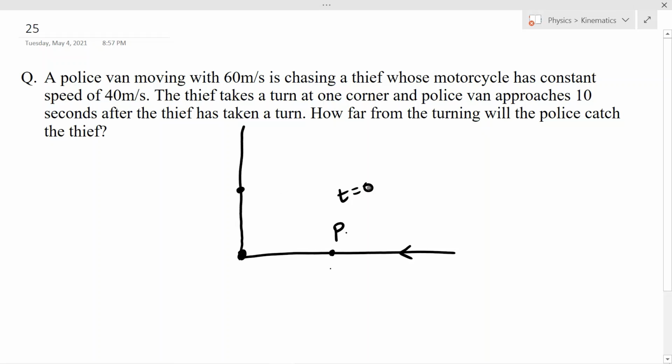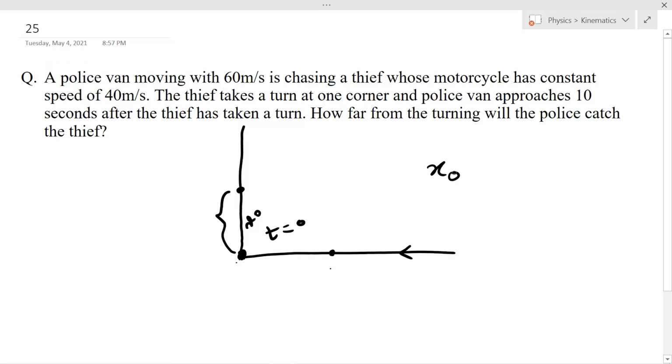So now let's shift our origin and do all the calculation when the police reaches this corner. So forget about this and let's say the time t equals 0 is when the police reaches here. But the thief has already covered this much distance. And what is that distance? We know distance is speed into time. So let's say this is x0.